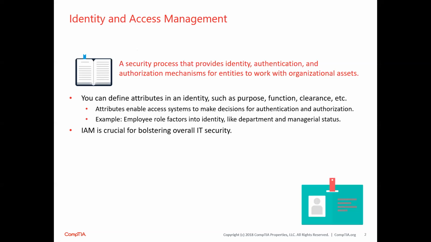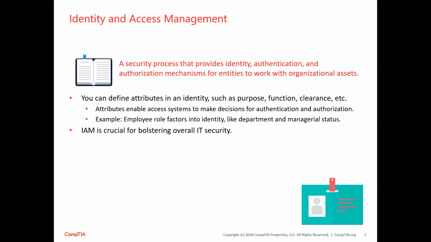This is a security process that provides identity, authentication, and authorization mechanisms for the entities to work with the organizational assets. So imagine this: if you're the employer, before you allow your employees to access any of the organizational assets, you will need to provide them with the identity, the authentication, and authorization mechanism.